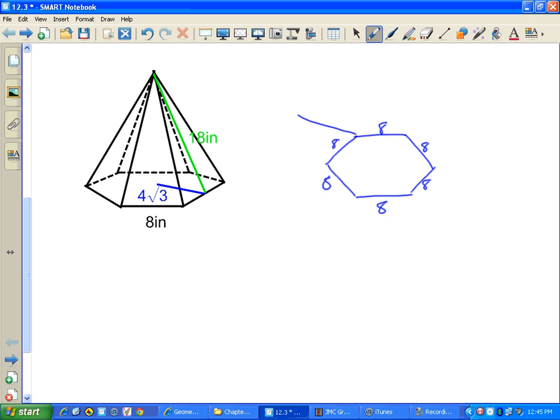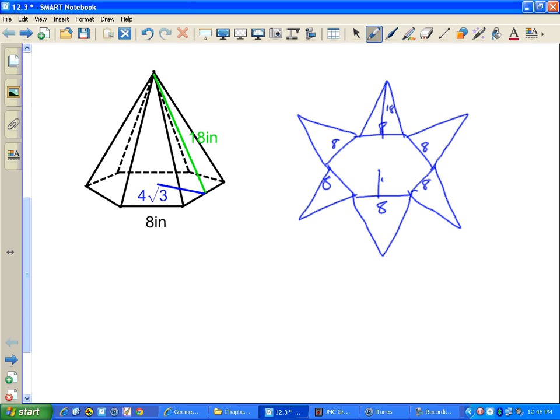Then each one of these has a triangle coming off, so it looks kind of like the sun. I want the slant height here, which is 18. It also gives me my apothem here. My apothem is 4 square root 3.